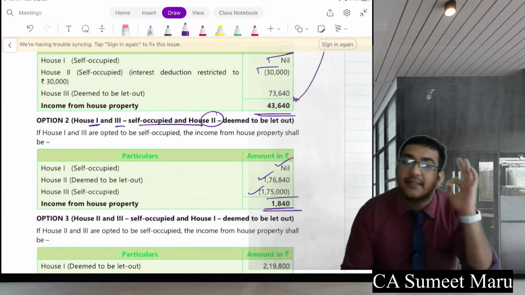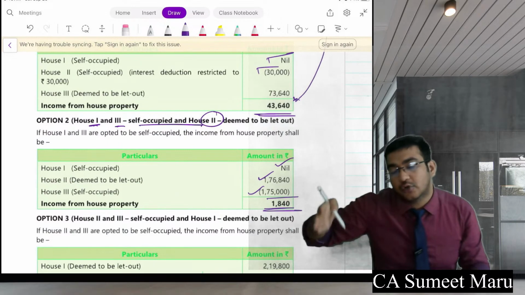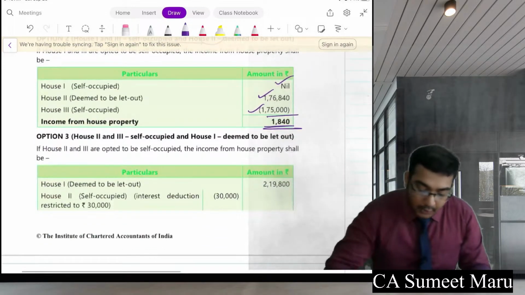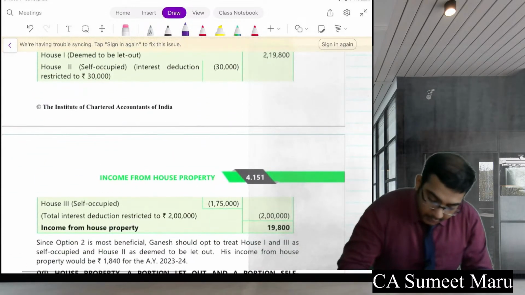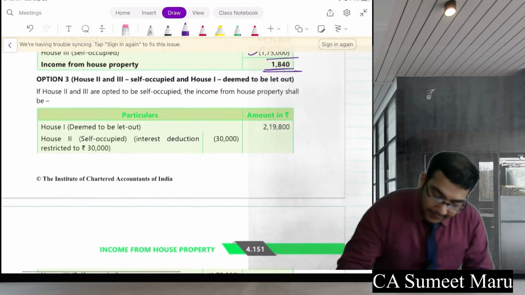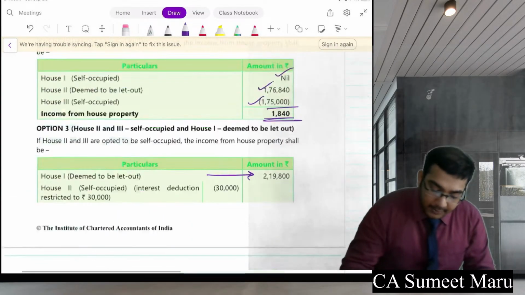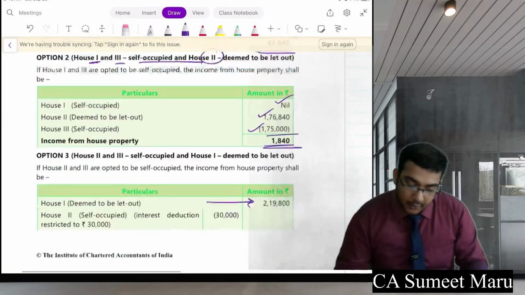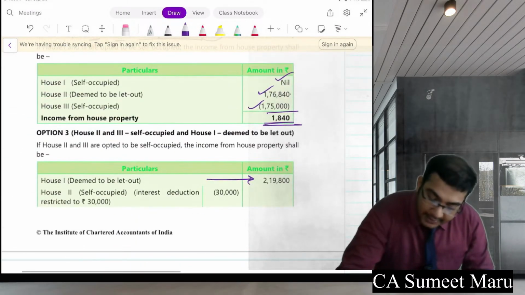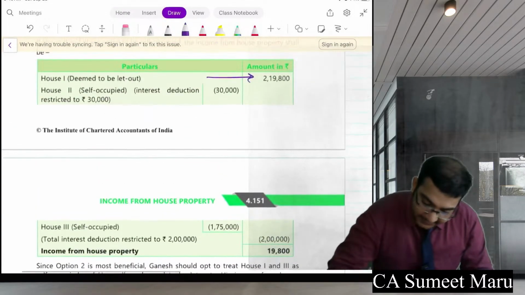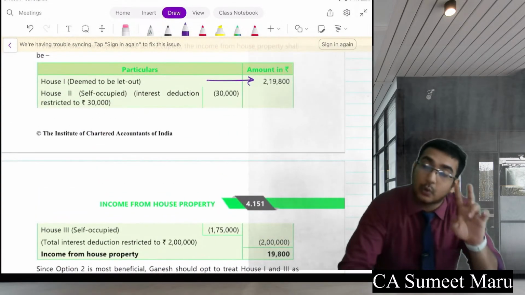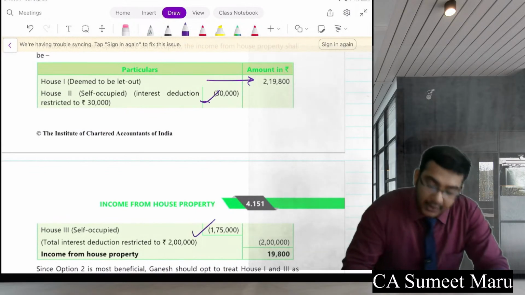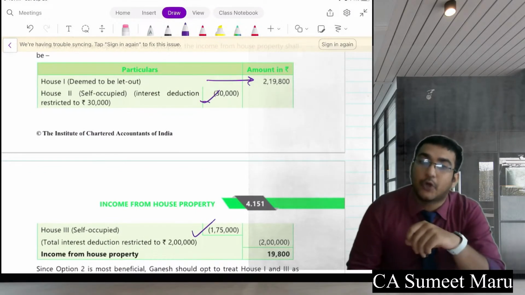Let's go to option 3, which treats house 2 and 3 as self-occupied. So here 2 and 3 का self-occupied. So first का income हमने ले लिया deemed to be let out से, हमारे working note से. Okay, 2 का हमें पता है कितना income है आपका 176. सॉरी, हाउस 2 का लिमिट 30,000 और 3 का 175 as they are self-occupied.